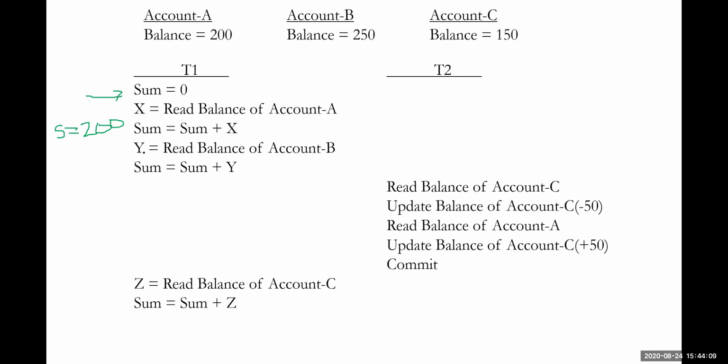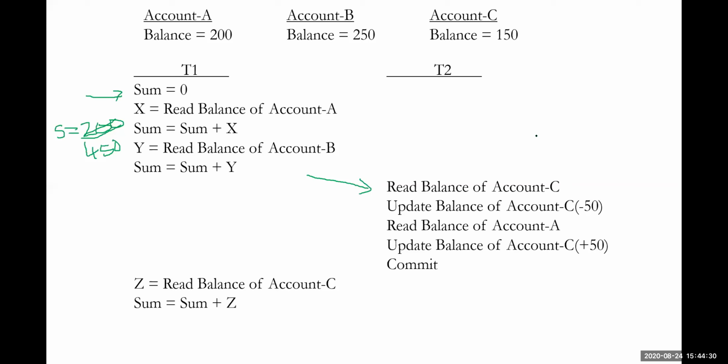Then the balance of account B is also read and placed into Y. Y has been added to sum, so it is 450 at this situation. After completion of the sum operation, interleaving could happen here.